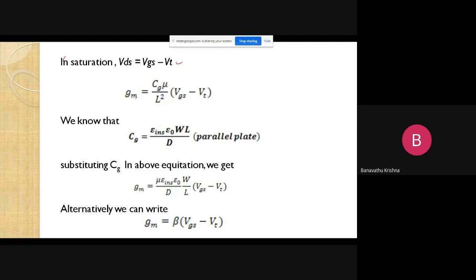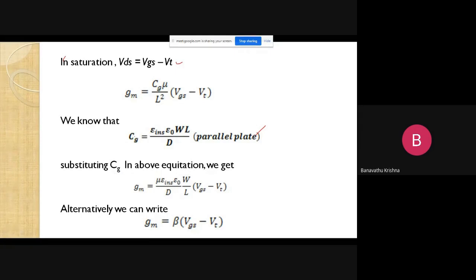Then transconductance GM equals CG mu by L square into VGS minus VT. But we know that the gate capacitance for parallel plates, CG, is epsilon naught, epsilon insulation, and area of the channel by thickness of the oxide layer, right? So substitute this CG value in the above equation.